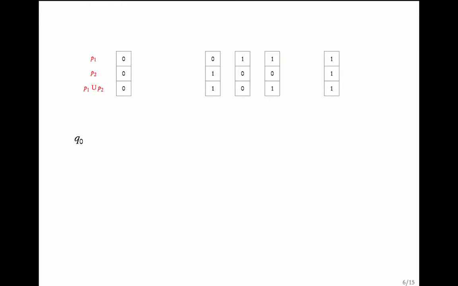Before giving the actual construction, let us try to see what the automaton should do on a word. Let's assume that there is a separate initial state Q0, and this automaton should accept words which satisfy P1 until P2. And how are we going to do that?